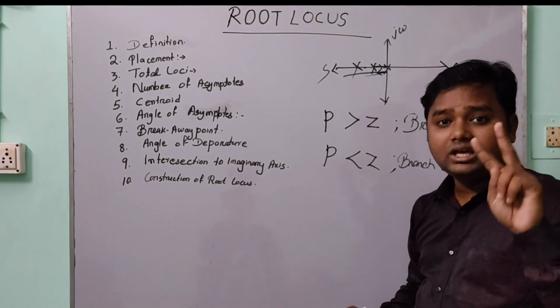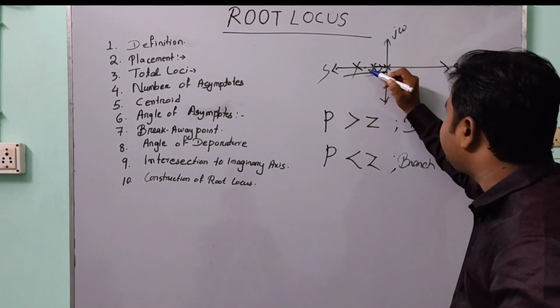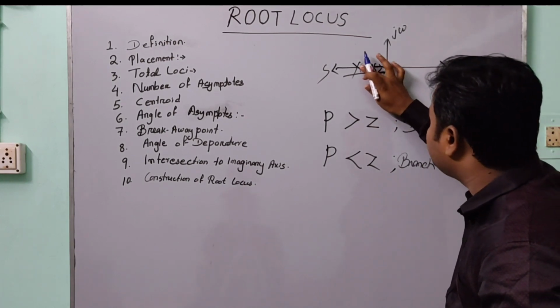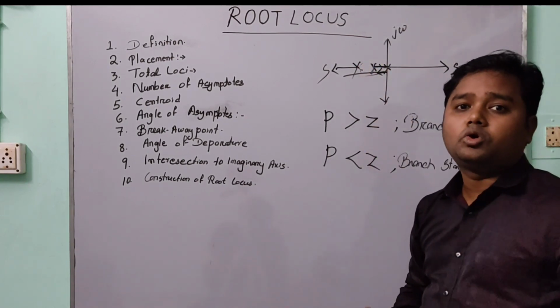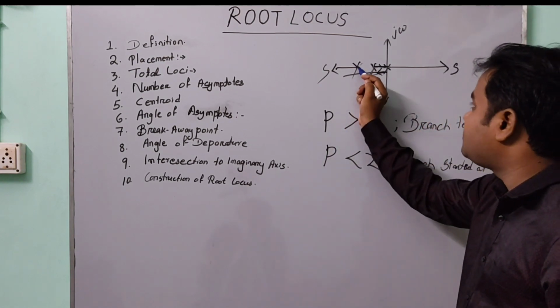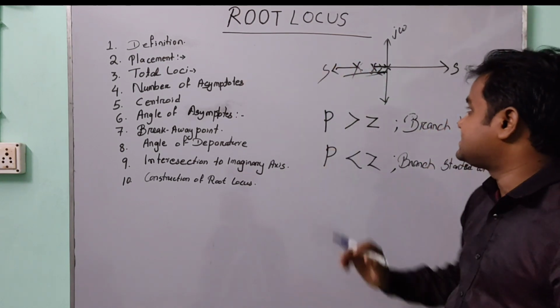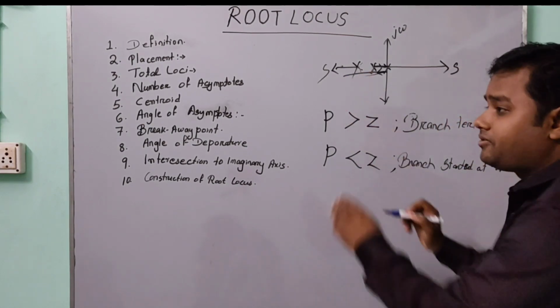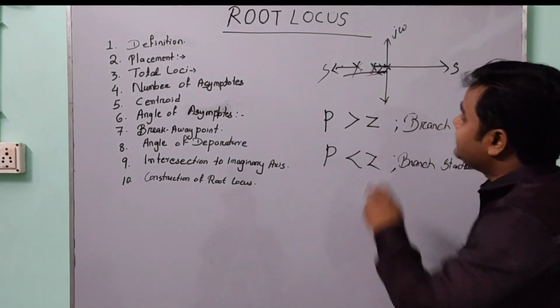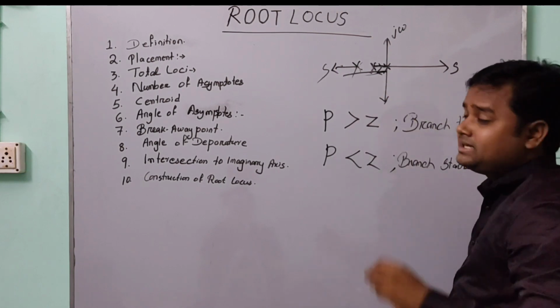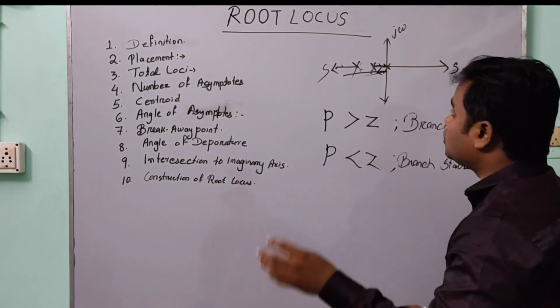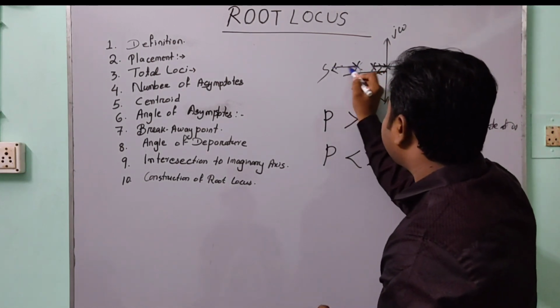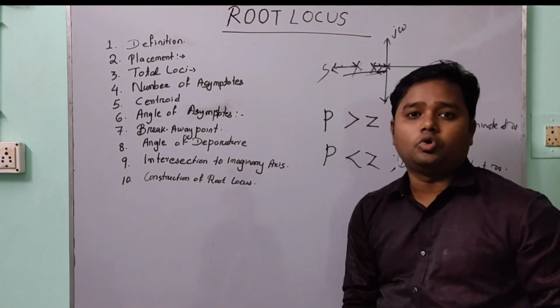That means it is even, so within these two limits no root locus will be present. But after this point towards the left hand side, if I take any point, I can see three poles towards the right hand side. That means an odd number of poles, so within this region the root locus points can be established.